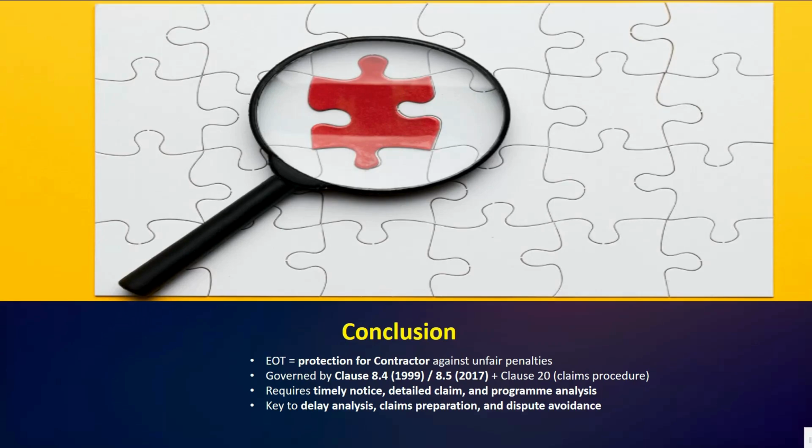You can check these references. The claim procedure follows clause 20, which covers notice, records, and detailed submission. A valid EOT claim requires timely notice, complete documentation, and schedule analysis using tools like Primavera P6.